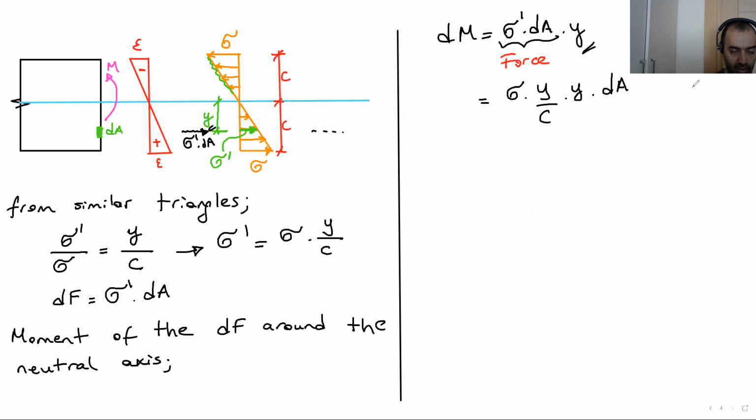So here dM is sigma over c times y squared dA. This is the moment which acts on the area dA. It's a small area on the section.